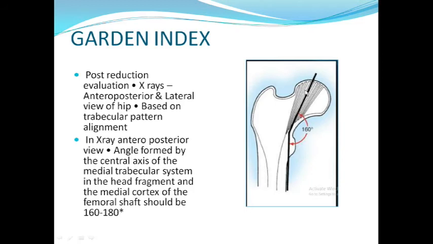You take a central axis and you draw a line parallel to this trabeculae and the medial border of the femur. Where they meet, they form an angle of 160 to 180 degrees. This is for a normal. So near normal is acceptable.